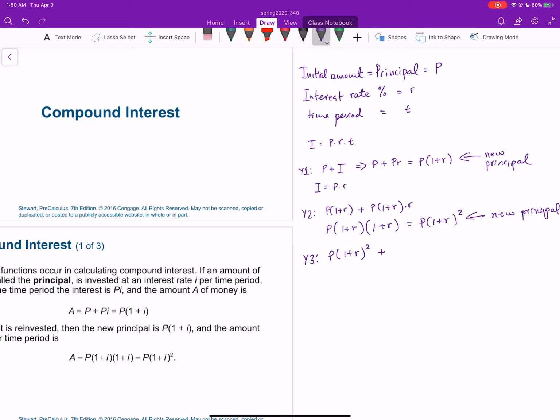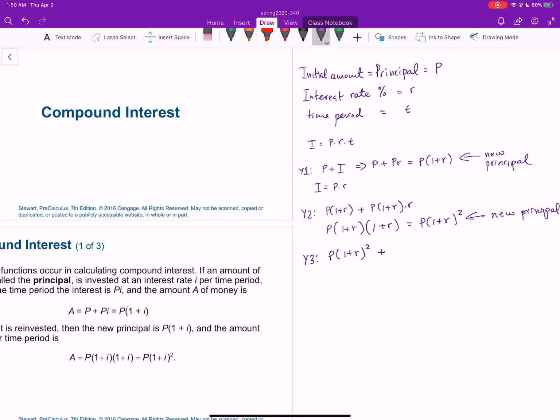Well, if you look at the expressions very carefully, it looks exponential. 1 plus R seems to be the base, and 1, 2, 3, if I call that T, is the exponent. And then you have a P multiplying it.